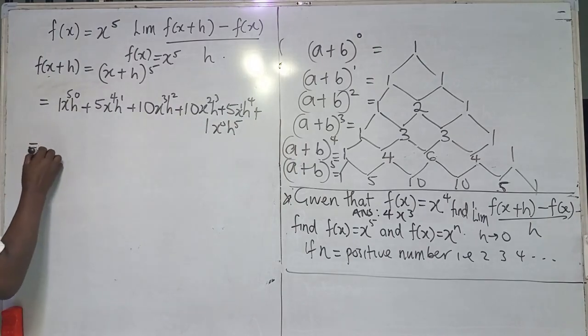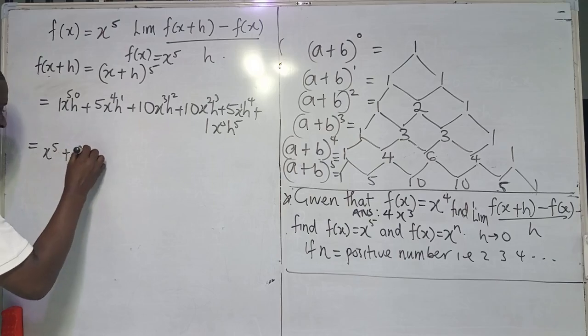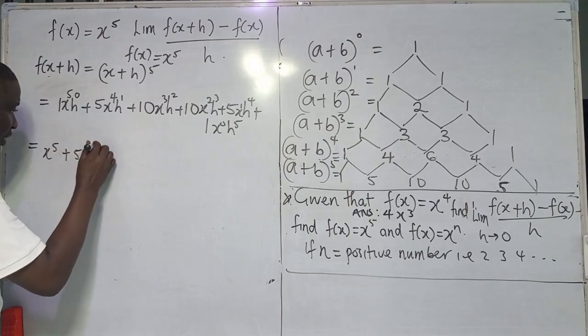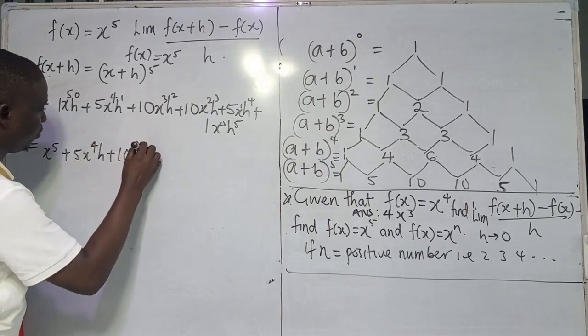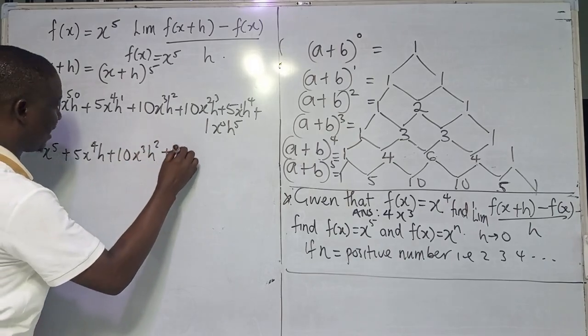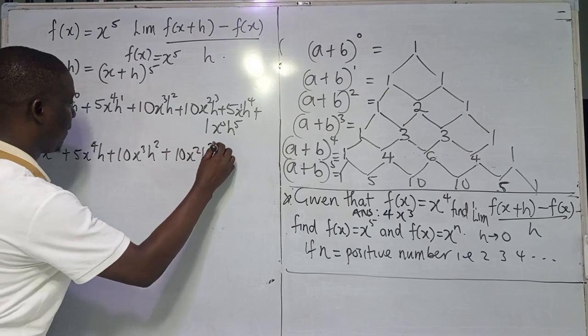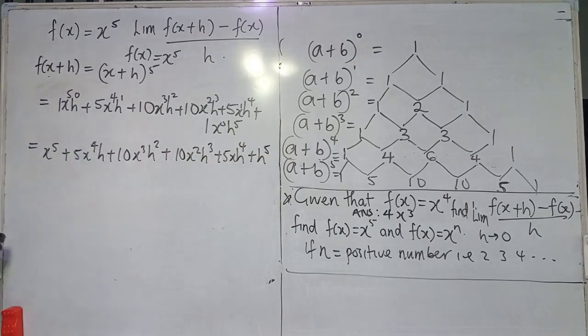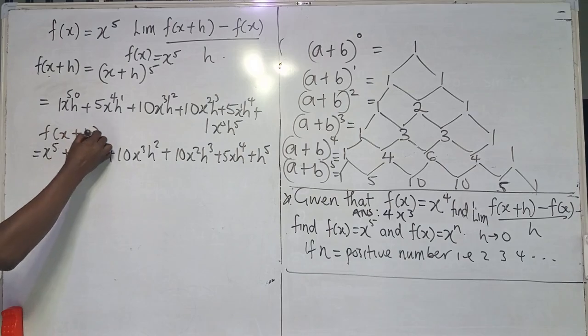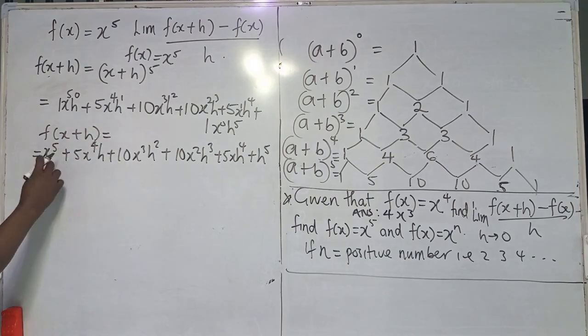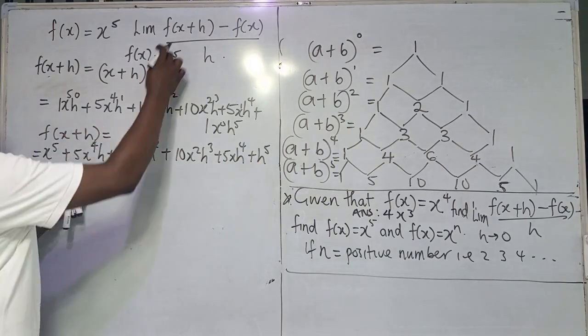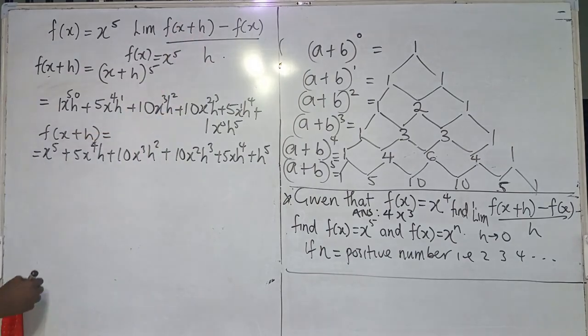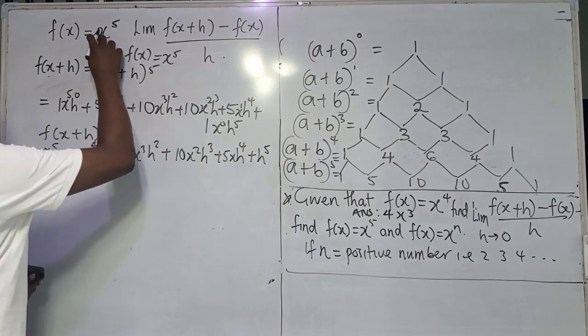So what I would have is x^5 plus 5x^4 h plus 10x cubed h squared plus 10x squared h cubed plus 5x h^4 plus h to the power 5. So now this is your f of x plus h. Now what you want to do for me, if you substitute all this there into this one, you are going to remove it from this.